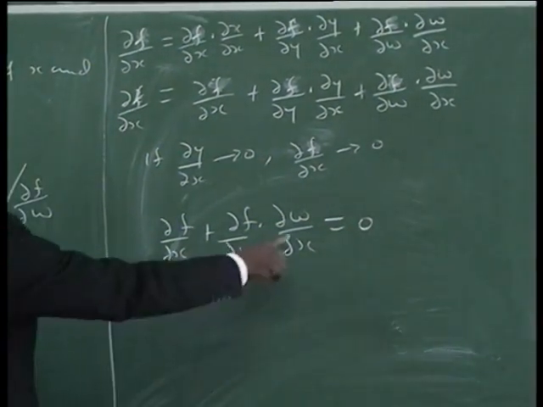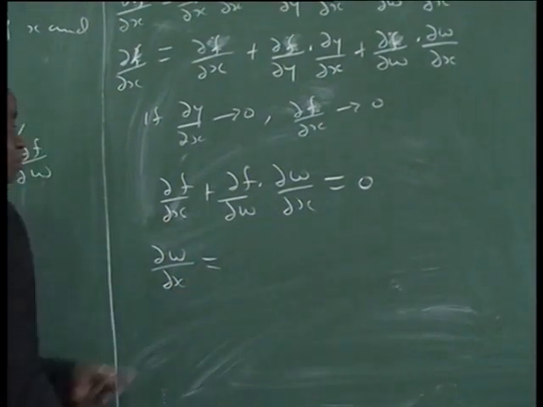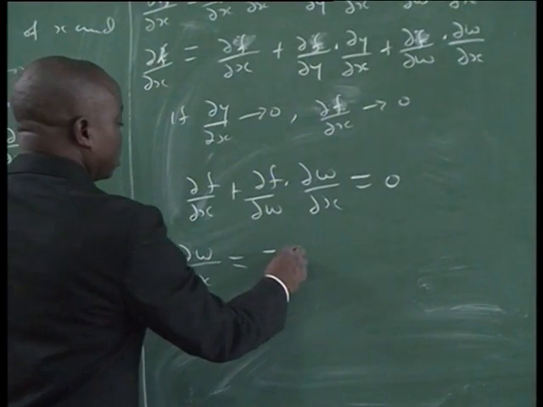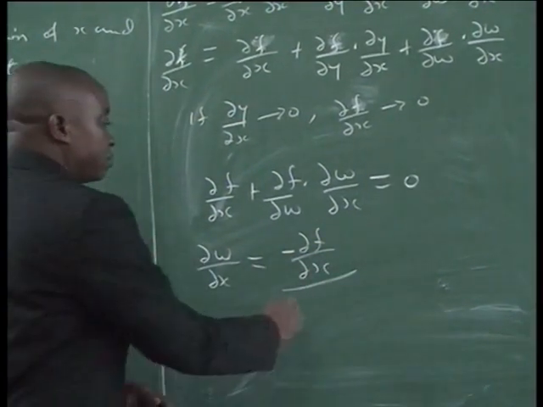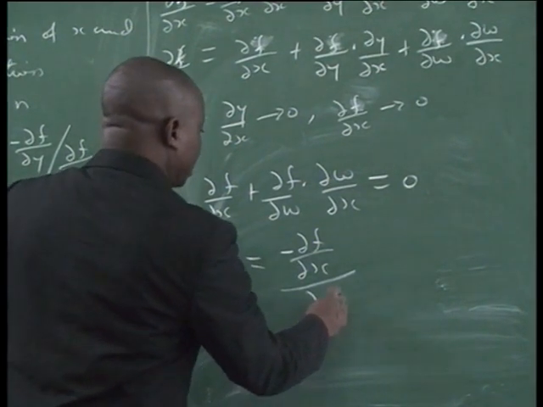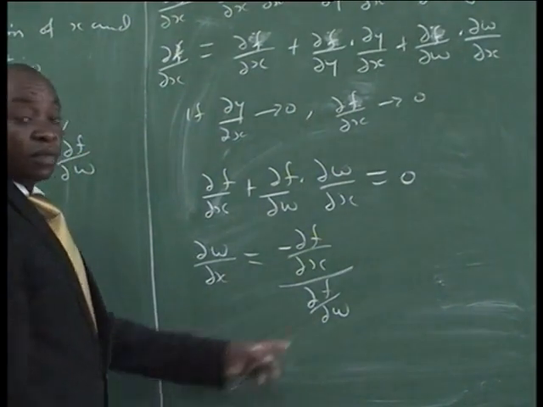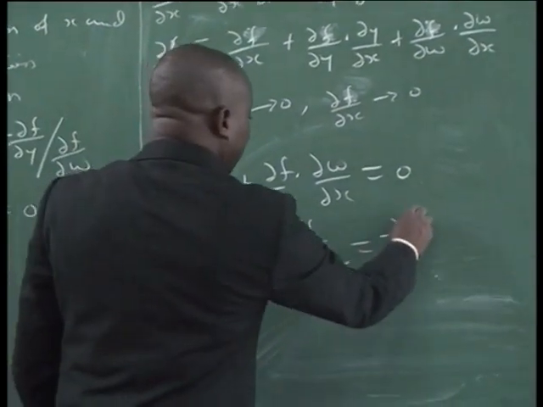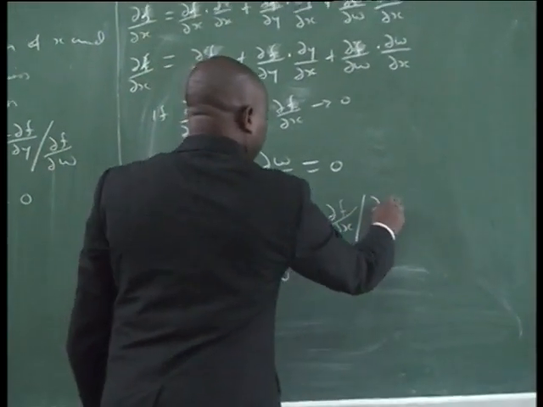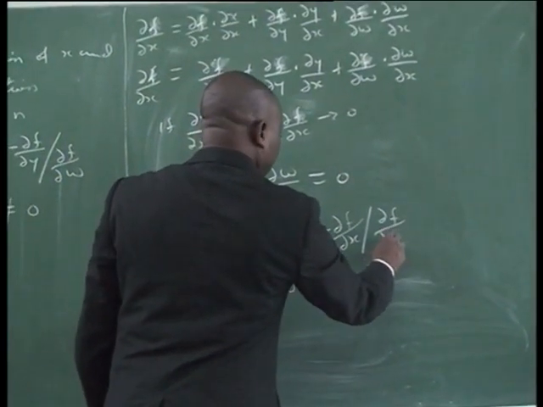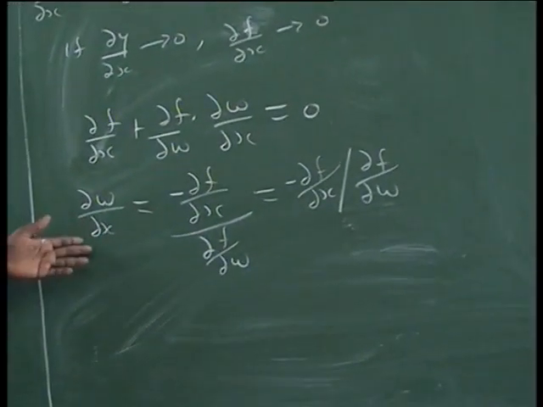So that here partial w, partial x will be equal to minus partial f, partial x divided by partial f, partial w, which is the same thing that I wrote here. So that is for partial w, partial x.